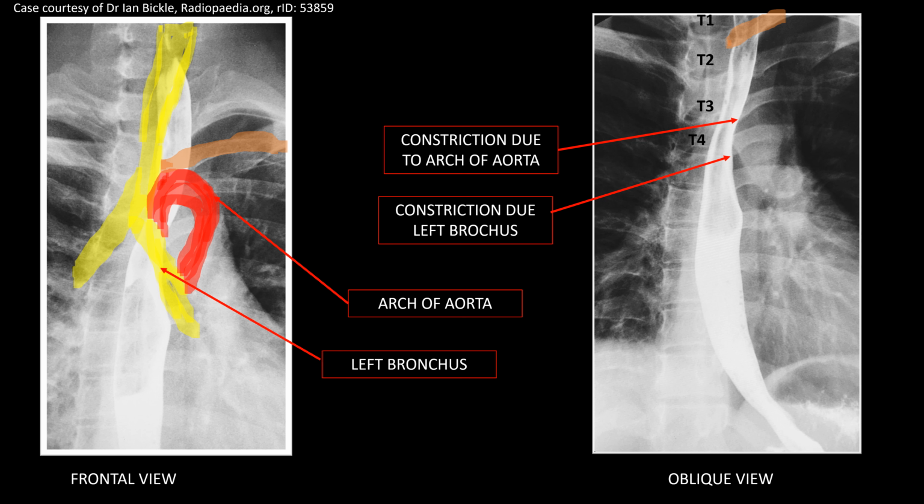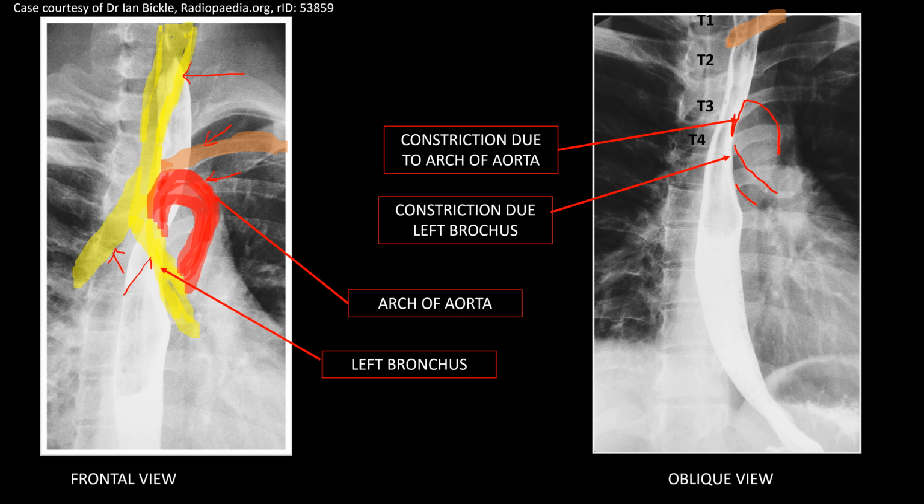As you can see in the frontal view of the image, this is the trachea. At T4 level, it bifurcates into left bronchus and right bronchus. This is the arch of aorta. This is the clavicle. In the oblique view, we can identify the constriction due to arch of aorta and a constriction due to left bronchus.